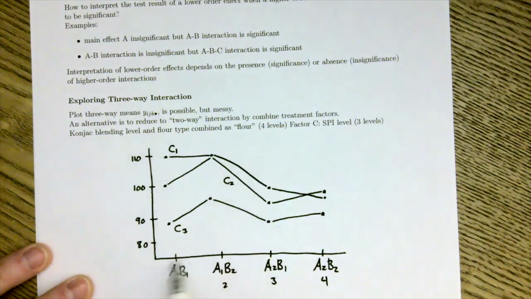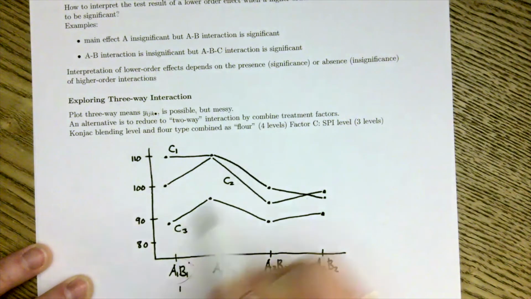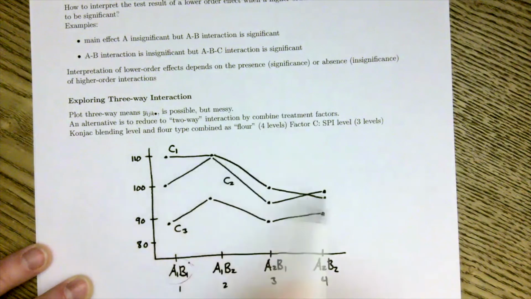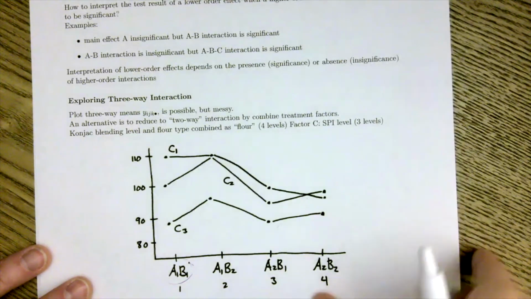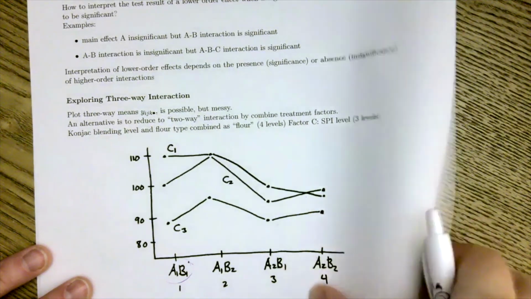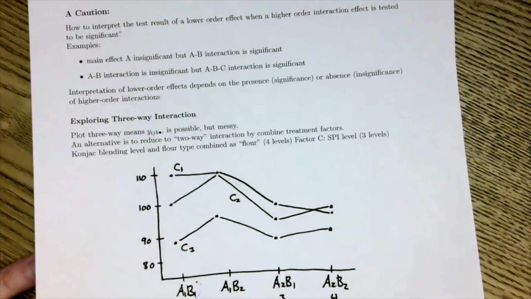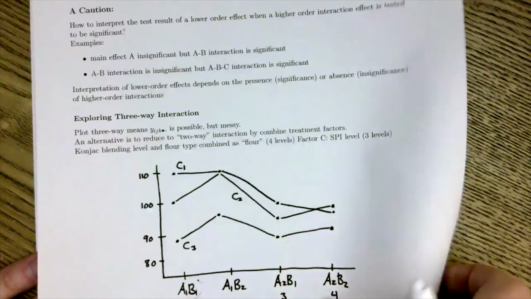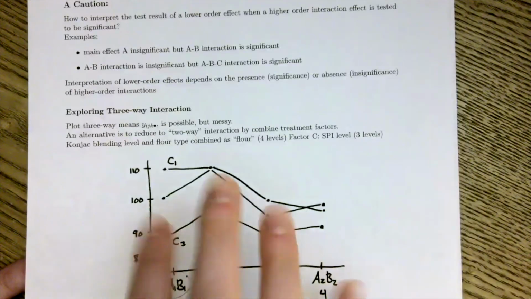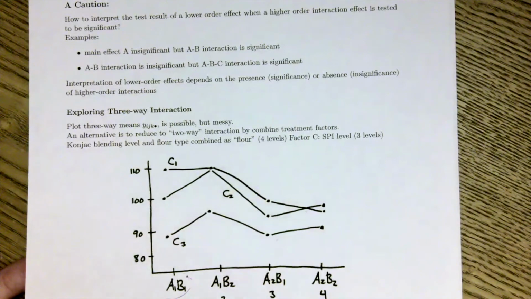So we combine two treatment factors, and then we use the third one as the trace, as in this example. To help us look. But we didn't have an interaction, so I wasn't too worried about looking at that. But again, it's possible it just gets messy.